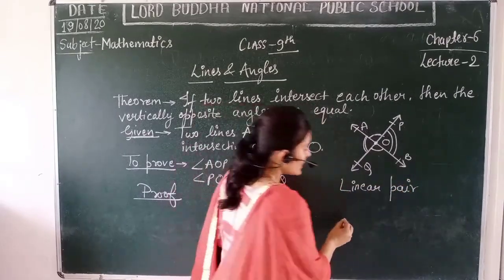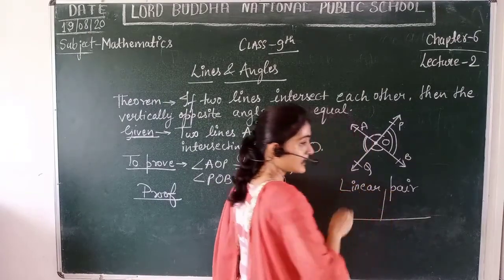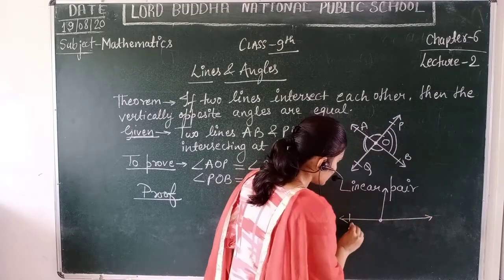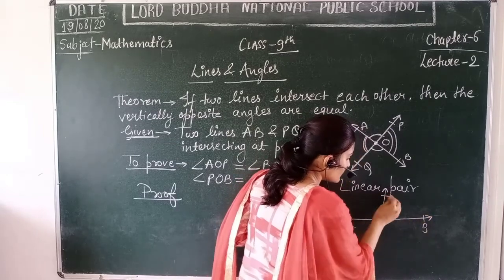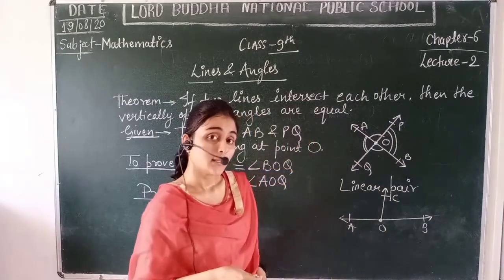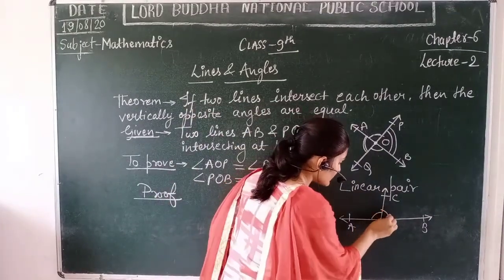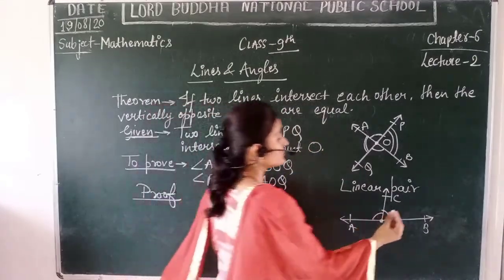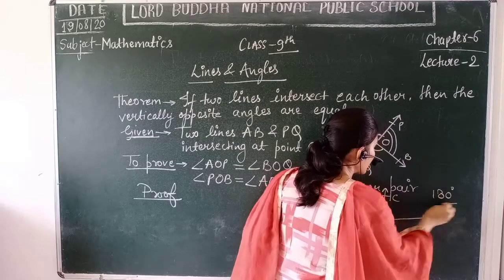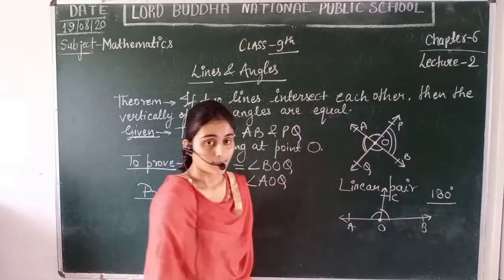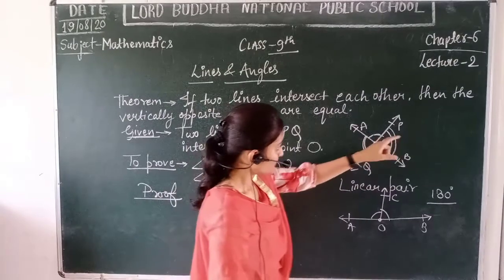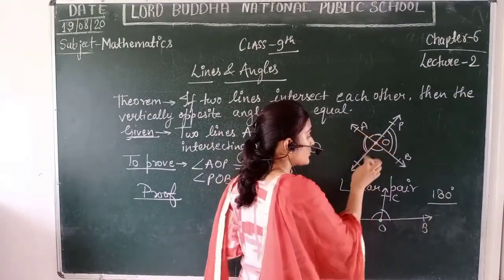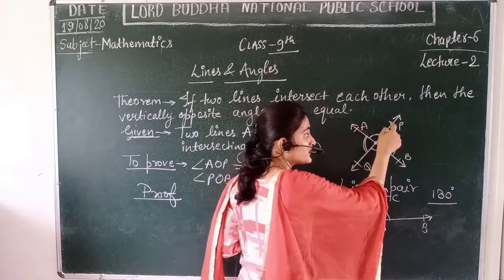Linear pair means if a ray is made on a straight line, let us assume AB is a straight line and OC is a ray made on AB, then the pair of these two angles formed here will be called a linear pair, and their sum will be equal to what? 180 degrees. Why? Because they are formed on a straight line. So here you can say, see, PQ is a straight line, so there are two angles formed. One is AOQ and the second one is AOP, right?